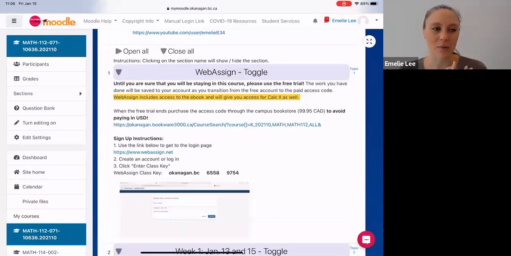So you go to the login page, which is just webassign.net. And then you either have an account from before, right? Maybe you used it in pre-calculus, or maybe you have Webassign from a different course.